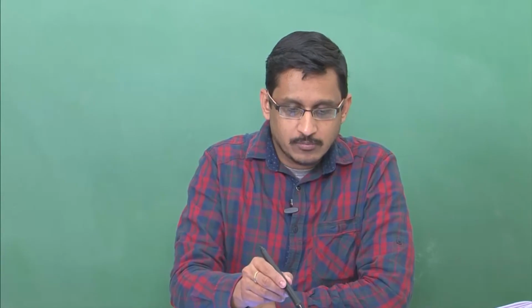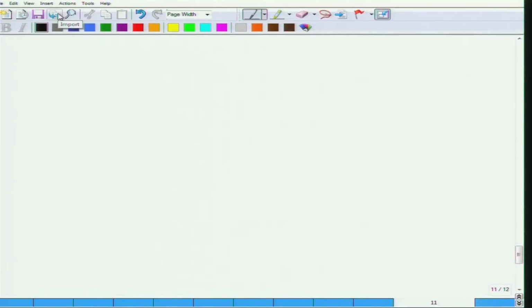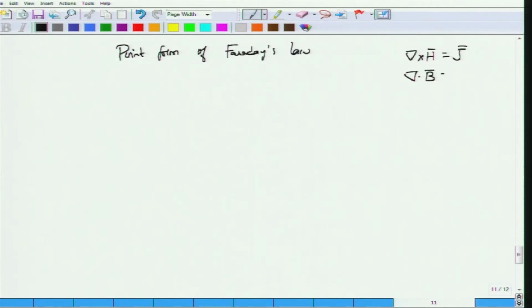Okay. So, now we want to develop the point form or differential form of Faraday's law. I want to develop this because I want to complete Maxwell's equations. So, this is the third Maxwell's equation that we are looking at. We have already the relation del cross H is equal to J, the current density J, and then we have del dot B equal to 0, del dot D equal to 0.